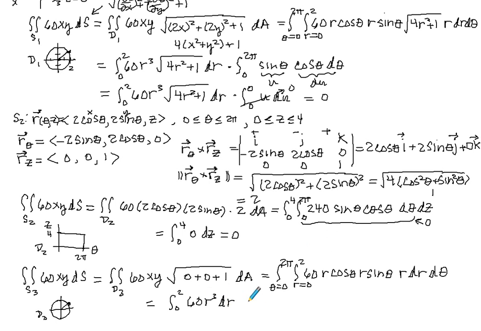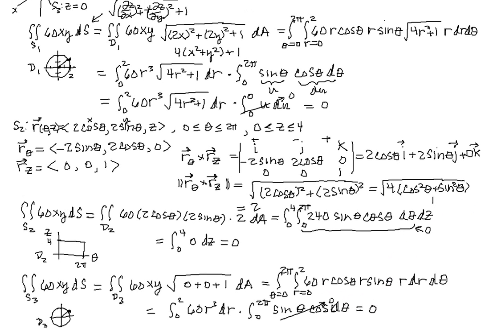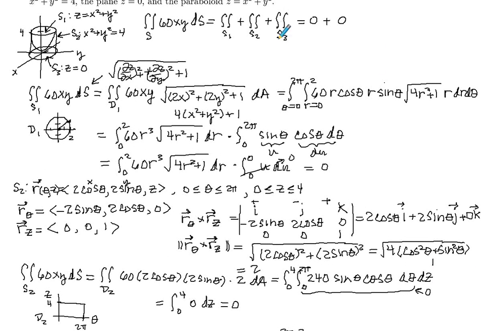The theta integral is going to be the integral from 0 to 2 pi of sine theta cosine theta d theta. We've seen that integral twice already. This integral is 0, and so this is 0. So all three of these pieces are equal to 0. So the integral along S3 is equal to 0, and so the total surface integral is 0.